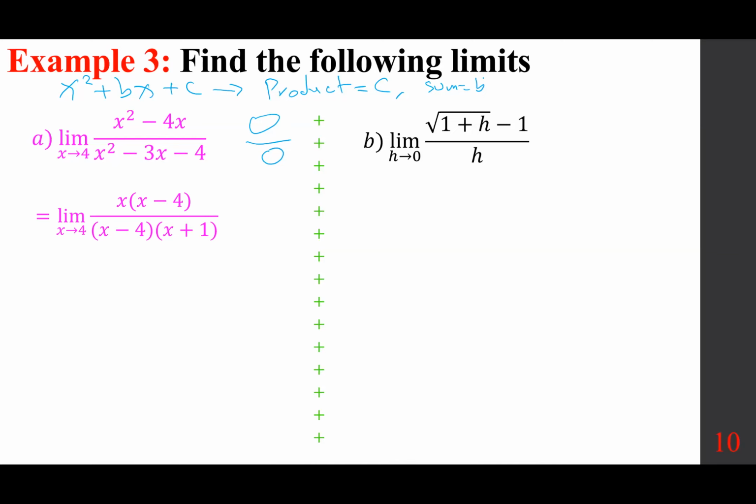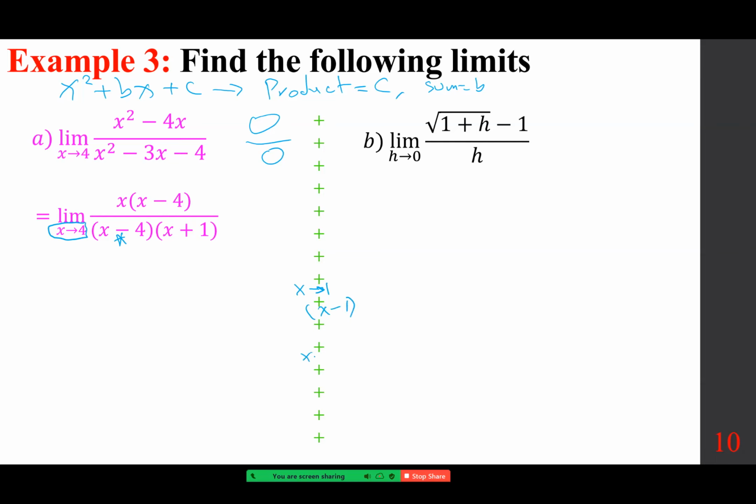What I want you to notice is this. x is approaching 4. And remember, it is the 0 in the denominator that gives us a problem. So because x is approaching 4, most likely we have the factor of x minus 4 in the denominator. If x is approaching 1, most likely we have a factor of x minus 1 in the denominator.